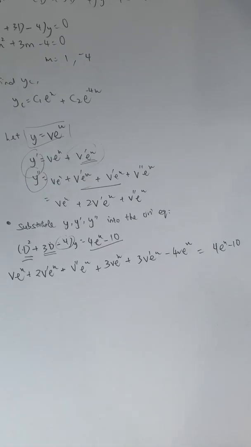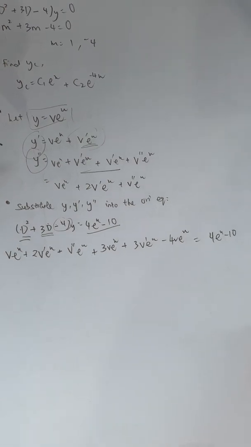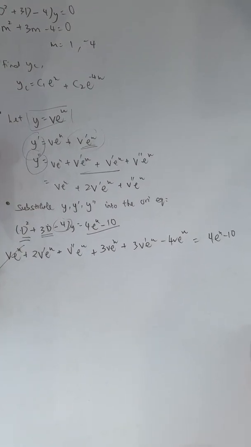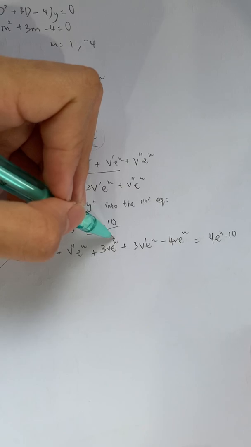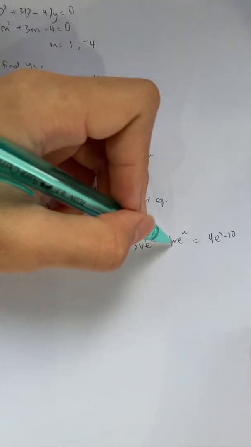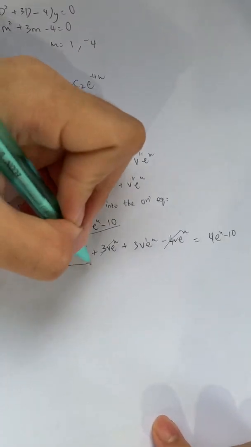Okay, so next we simplify this. We get v exponential x minus 4v exponential x plus 3, we get 4. 4 minus 4 equal to 0. So we can cut this down. So we only have this and this.